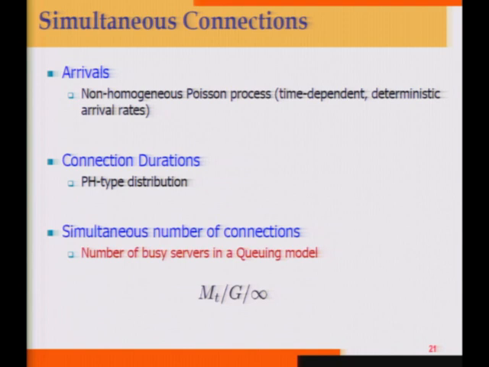So we show that the number of simultaneous connections could be equal to the number of busy servers in an M_t/G/infinity queue, where M_t is the time-dependent Markovian arrival rate, G is the generalized service time, and infinity is the number of the coffee shop's servers.